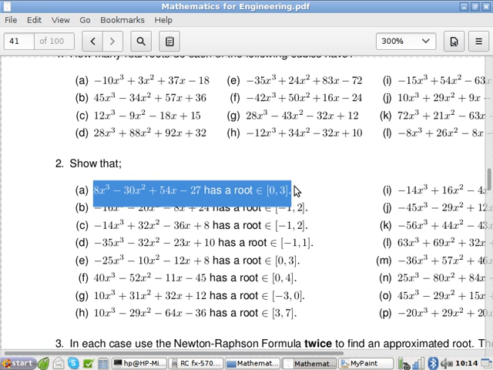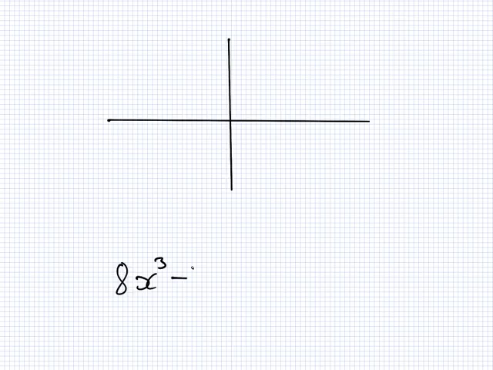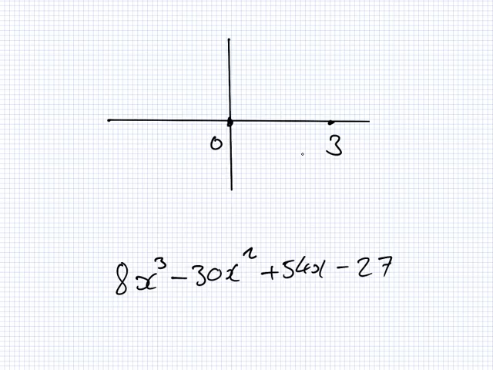Got that? What was my cubic? 8x cubed minus 30x squared plus 54x minus 25. And I want to prove it crosses the axis between 0 and 3. Any ideas on how I could prove that?